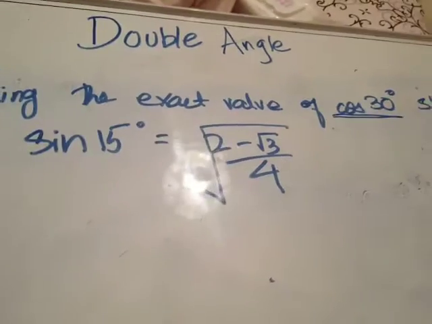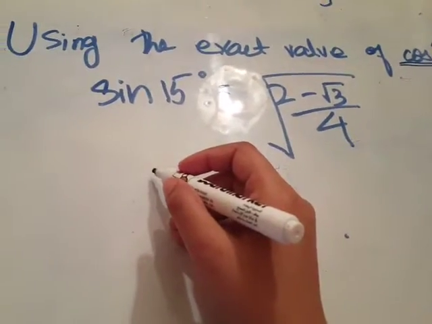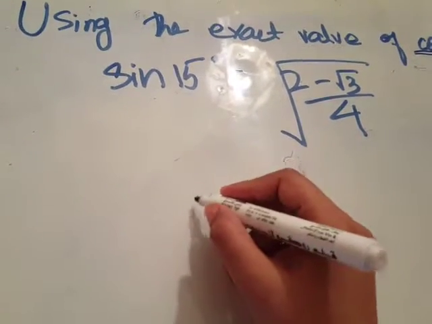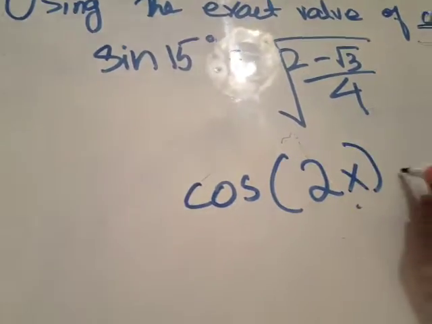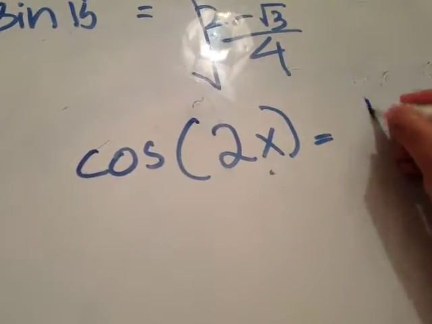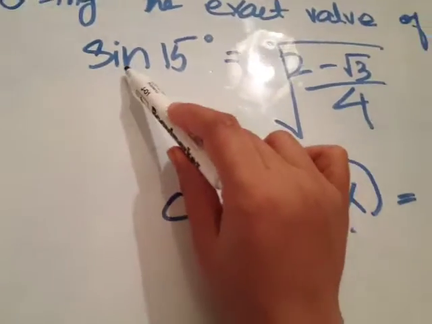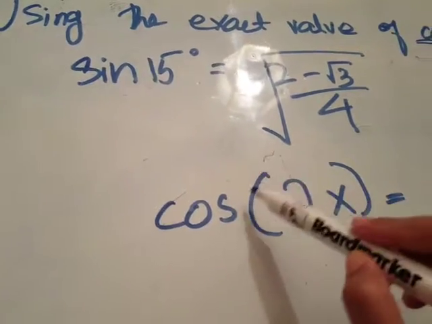So let's start. Let's say it's cos of 30 degrees. Can I write, let's say, cos of 2x is equal to what? It is 1 minus sine squared x, because I want to know sine in terms of cos, right?